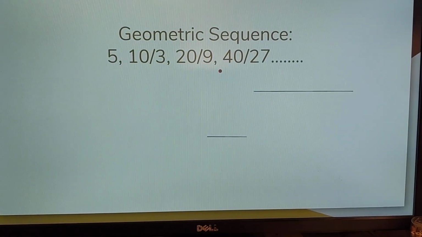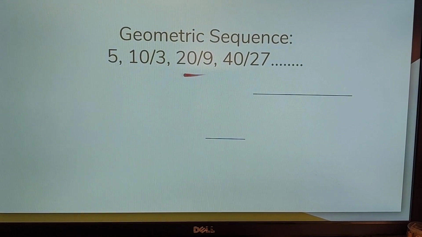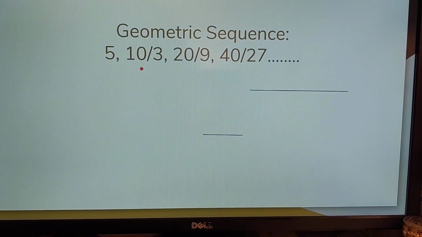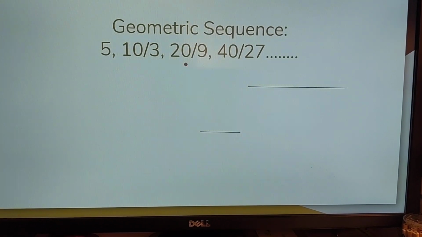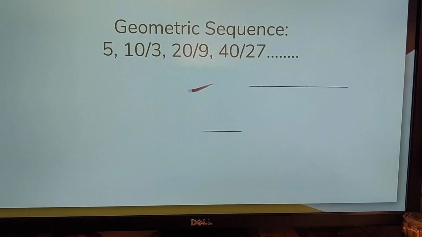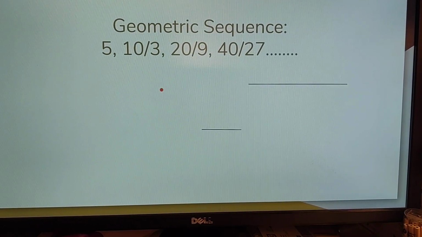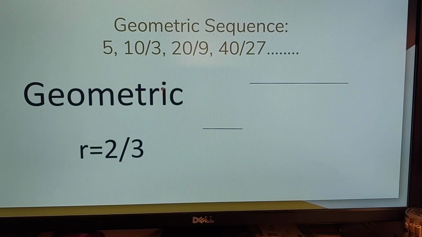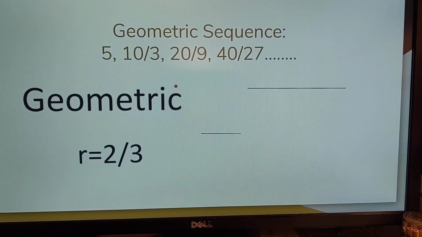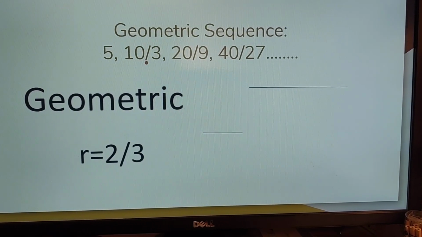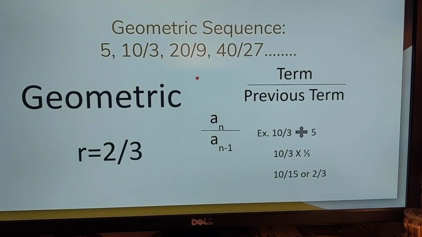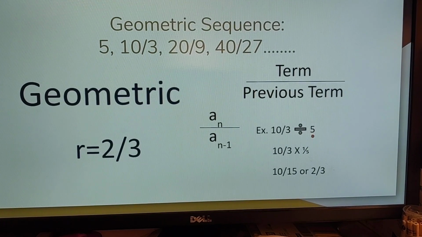All right, this is a little bit tougher. I am telling you it's a geometric sequence, but what is the common ratio? 5 times what gets me here, times what gets me here, times what gets me here? If you said the answer was 2/3, you're correct. Now, if it doesn't jump out at you, try dividing any term by its previous term. For example, let's take 10/3 and divide it by 5.